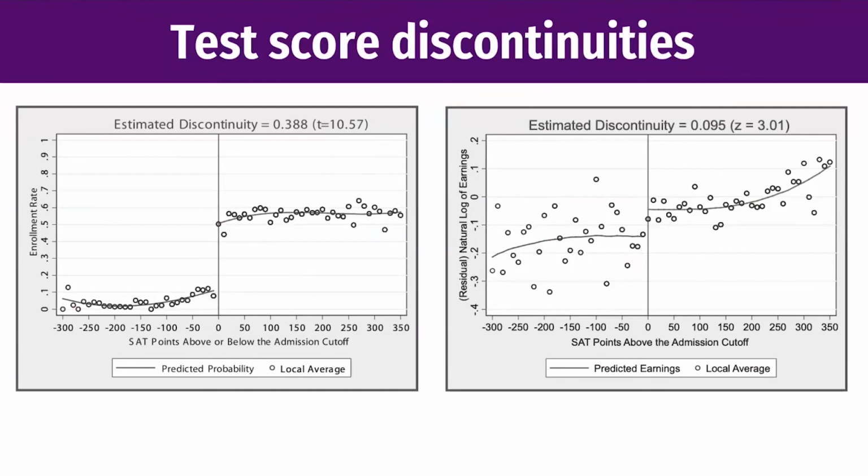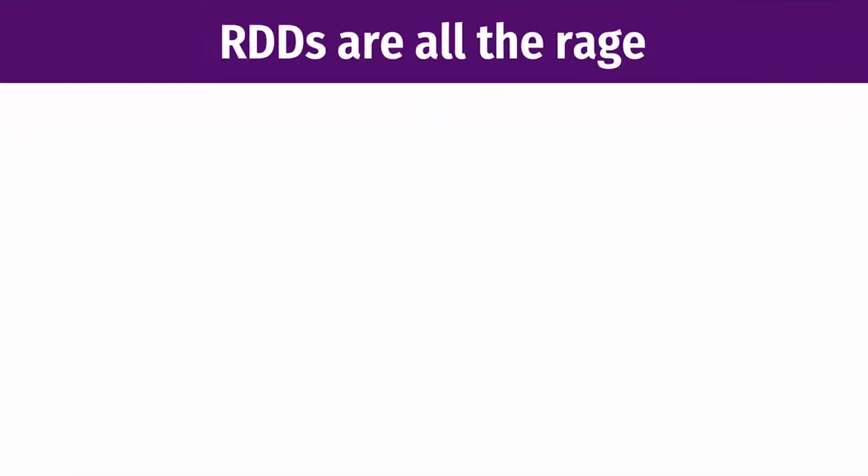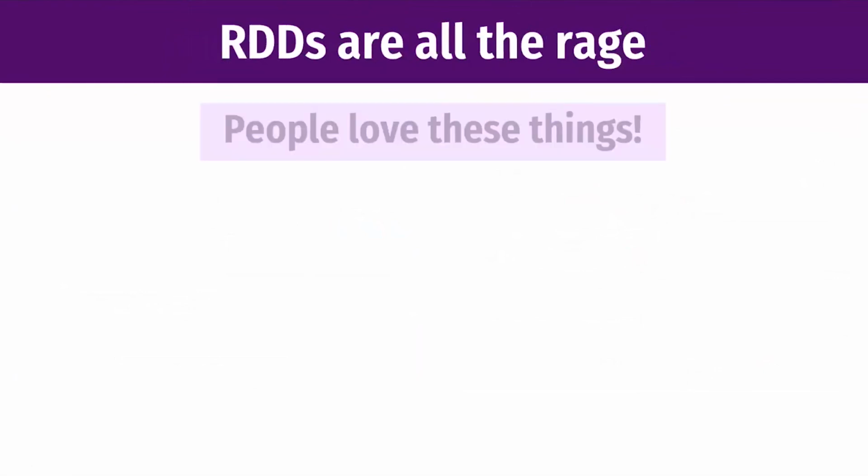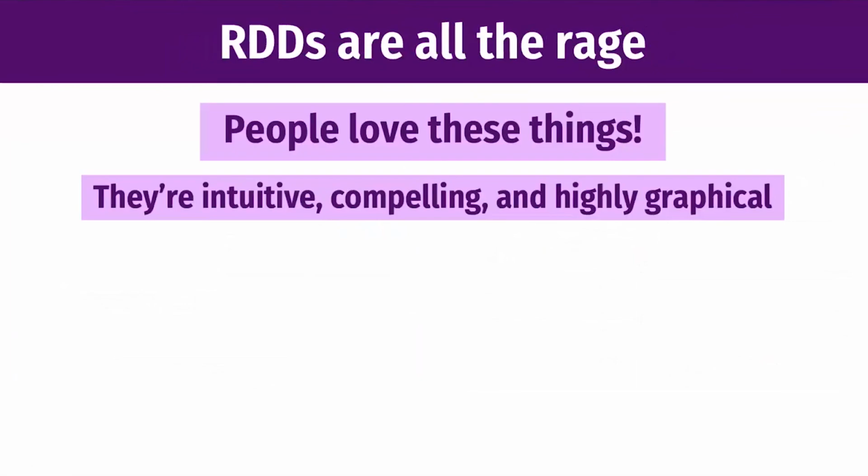Okay, so these things are all over the place. People love them. They're becoming increasingly popular in policy analysis and in economics research, in part because they are compelling. They're highly graphical. It makes more sense intuitively, to me at least, than like difference in difference. It makes way more sense than instrumental variables, which are this bizarre thing of finding causation, which we're not even talking about today because they're weird.